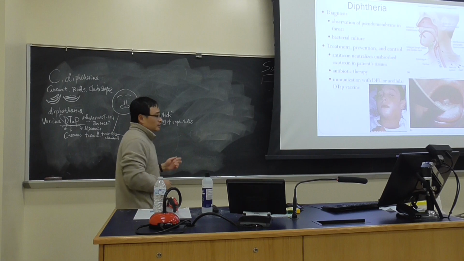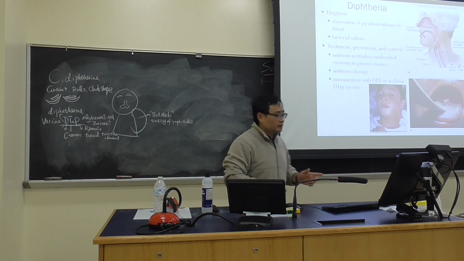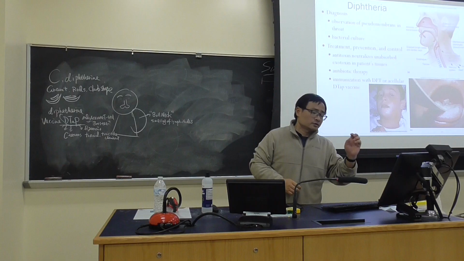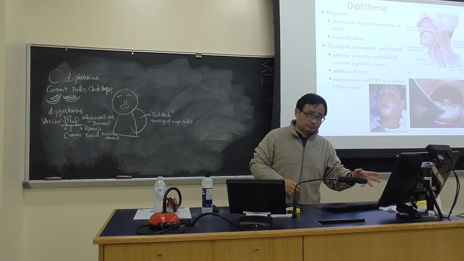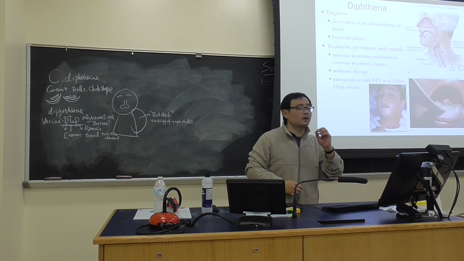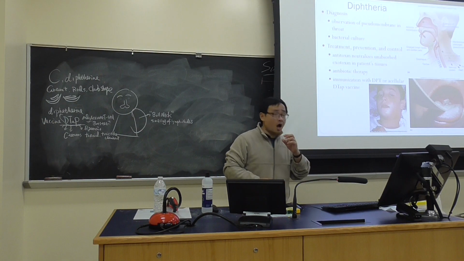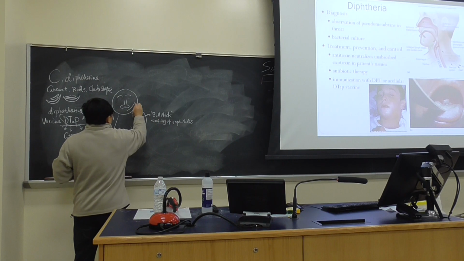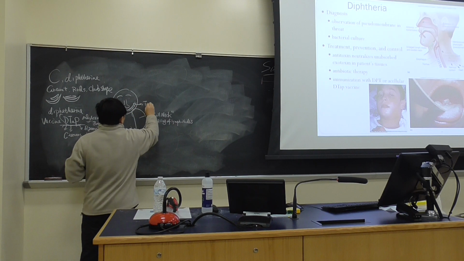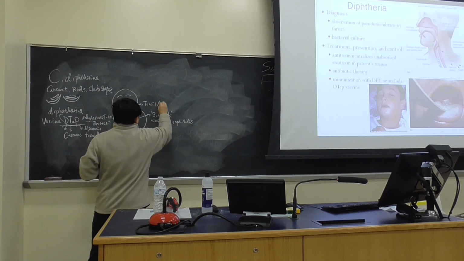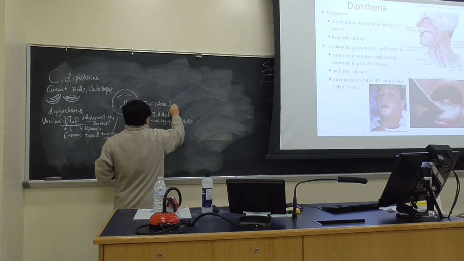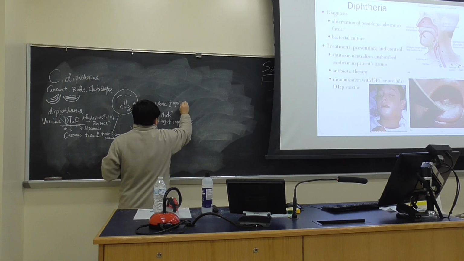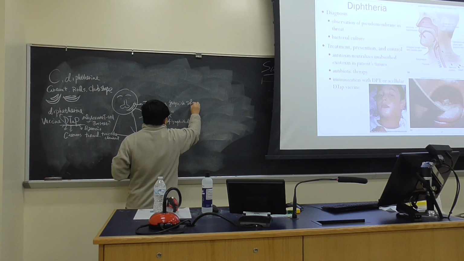The second very characteristic symptom is if a doctor tells the kid, open your mouth, please say ah, then what you will see in the tonsil area is a greenish, soft pseudomembrane.